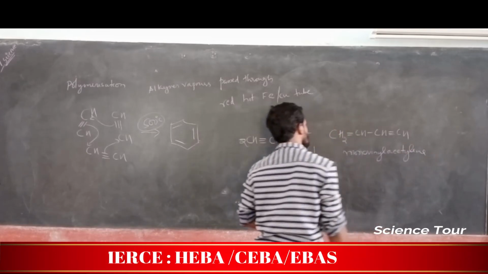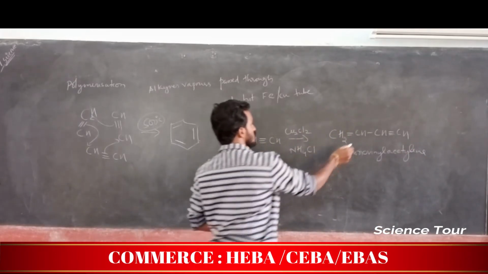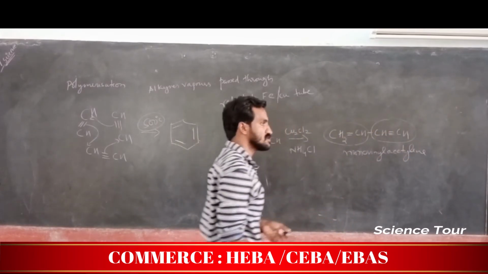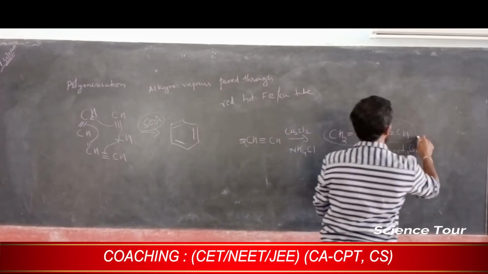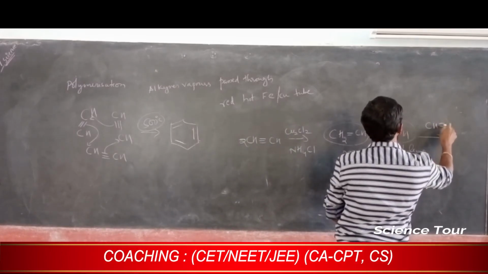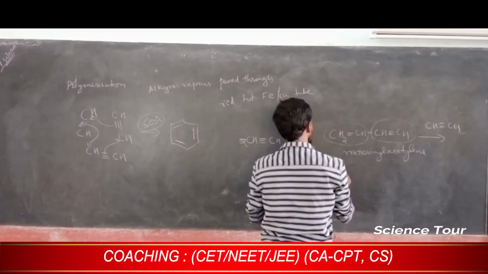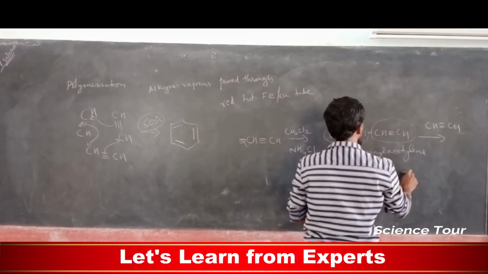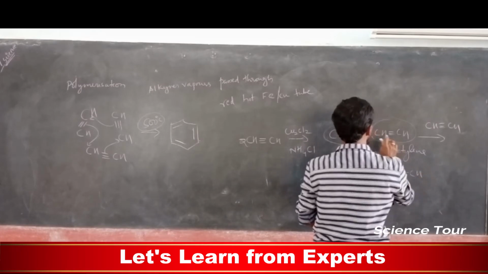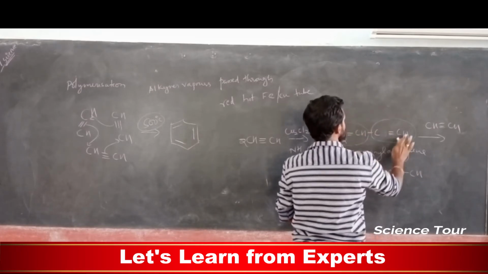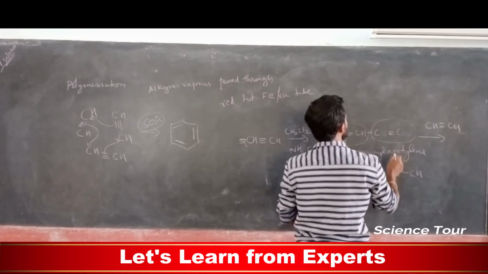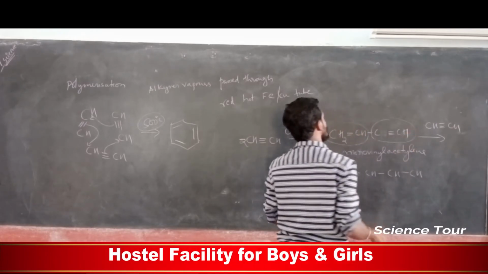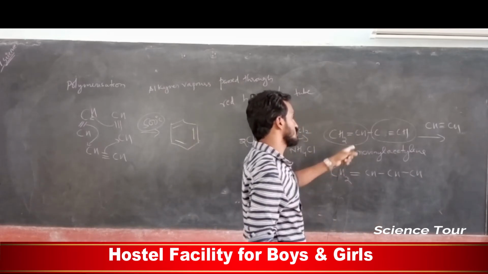This is the vinyl group, this is the acetylene group, so it is monovinyl acetylene. If you treat this again with acetylene, it gives, my dear students, divinyl acetylene. Sorry, here 1 2 H is not there, don't get confused. Here 1 2 3, here H is there. Okay, this is monovinyl acetylene.